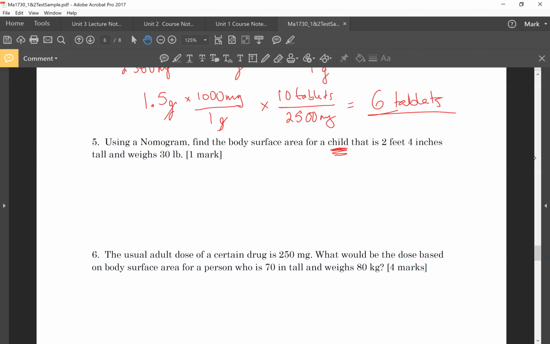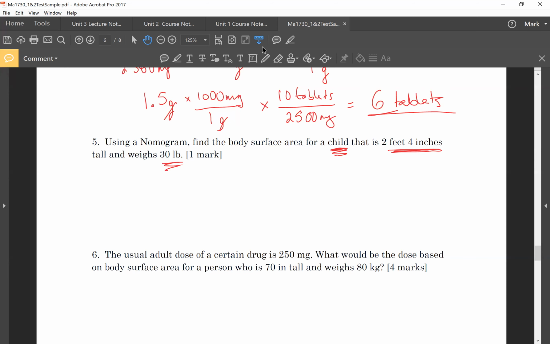Adults and children have different body surface area charts, or nomograms, because of the surface area difference between a small child and a fully grown adult. The other thing we need to know is the height and weight of this person. Okay, so child chart, 2 feet 4 inches, 30 pounds.